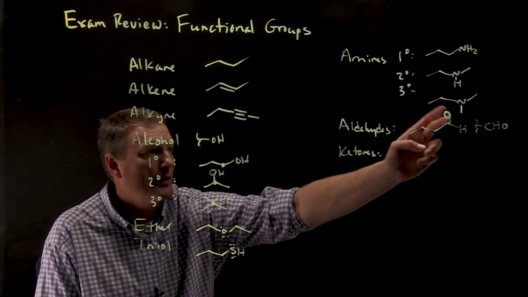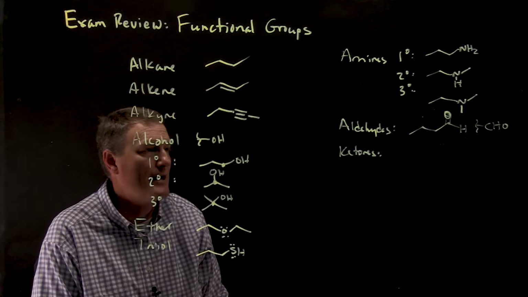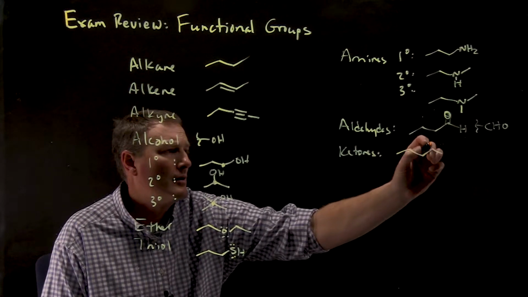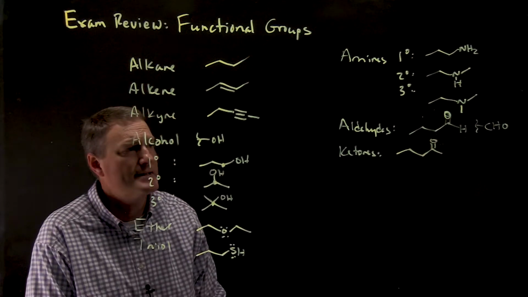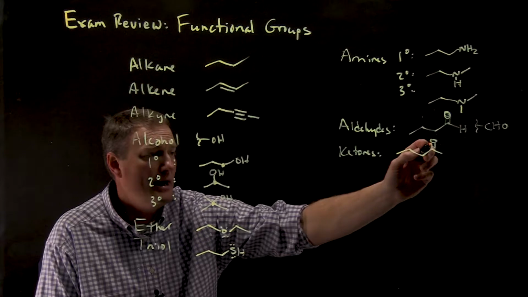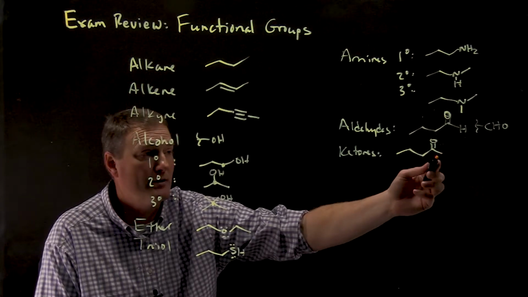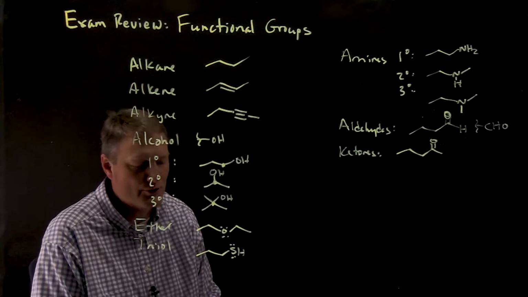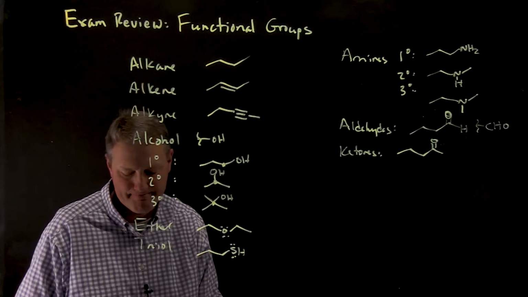So that's the carbon with a double bond and a hydrogen. A ketone would be something like this. Now notice I have a carbon here. That double bond oxygen is connected to 2 carbons, or the carbon involved in the carbonyl is attached to 2 carbons. So that's how it's different than an aldehyde.